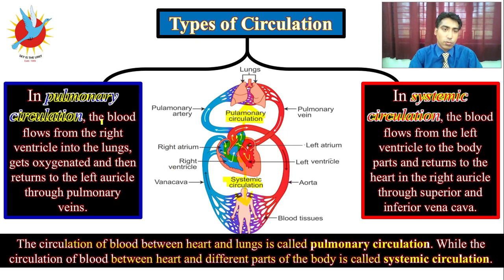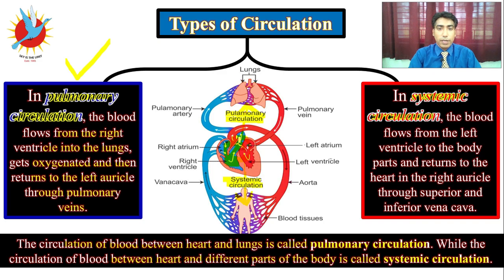First we will talk about the pulmonary circulation. The blood flows from the right ventricle into the lungs, gets oxygenated and then returns to the left auricle through the pulmonary vein. This type of circulation is called pulmonary circulation. So you can clearly see that pulmonary circulation starts from the right ventricle.